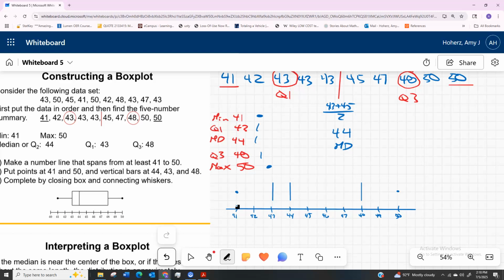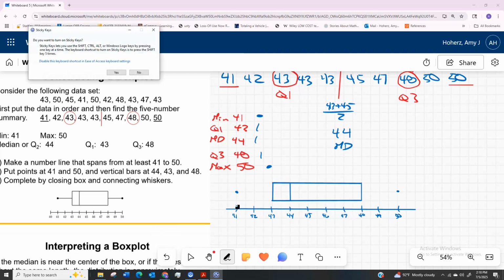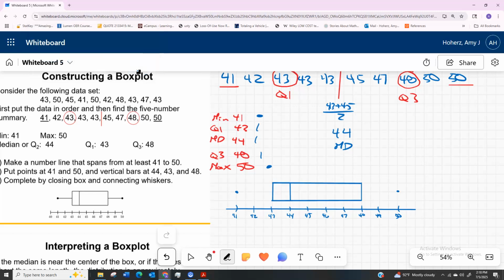And then we're going to connect the tops of all the bars to make our box. And then we're going to make our whiskers. So we connect our box out to our biggest point.